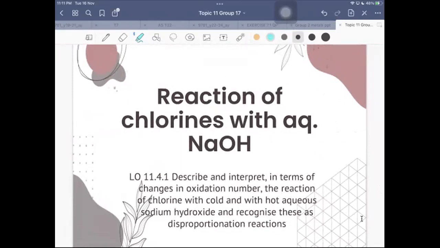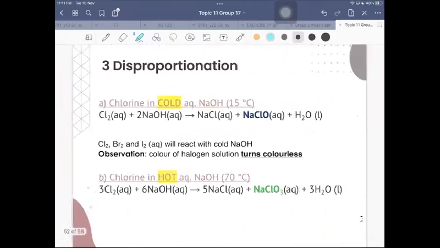First we're going to look at the reaction of chlorine with cold aqueous sodium hydroxide and hot aqueous sodium hydroxide. You have to look at the changes in oxidation number, and you have to recognize it as a disproportionation reaction. A disproportionation reaction is a reaction where an element is simultaneously oxidized and reduced. I'll look at this later when we look at the example.